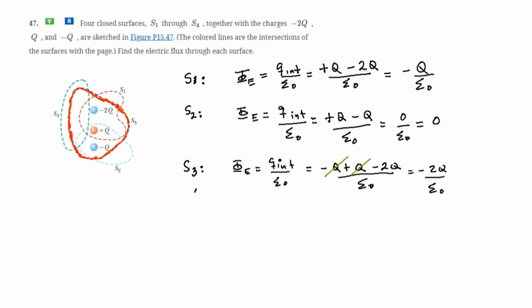This is the electric flux through the surface S sub 3. Because we always calculate the electric flux, regardless of the shape of the surface, as Q interior over epsilon sub 0.